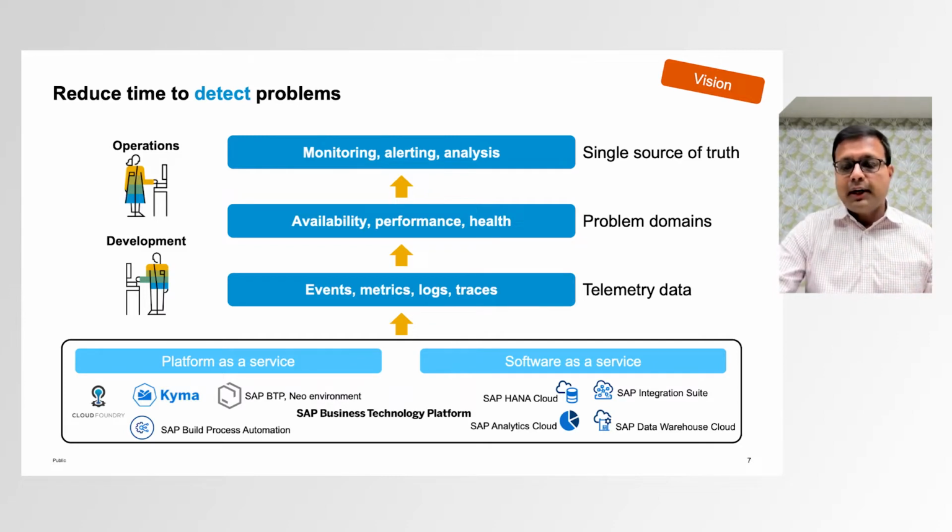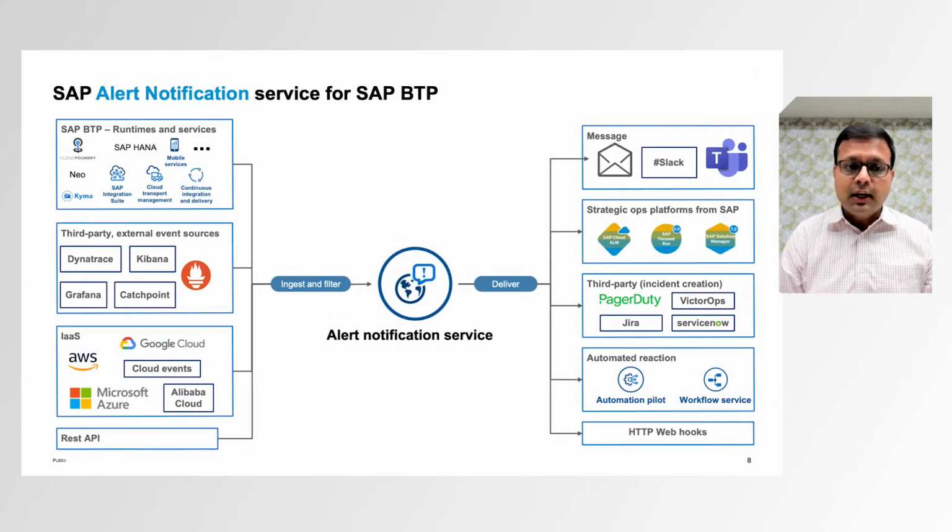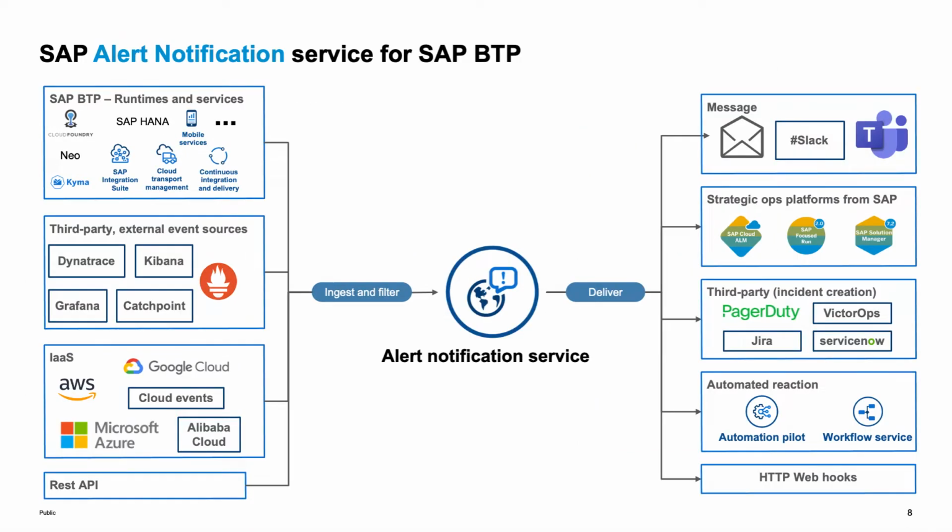And in this case, we have a couple of tools that are currently available. One of the first tools is SAP Alert Notification Service. Now, this is a service that has been there on BTP for a while now, where we are able to ingest various events that occur in various BTP services into a single service and then deliver that to various destinations. Right?